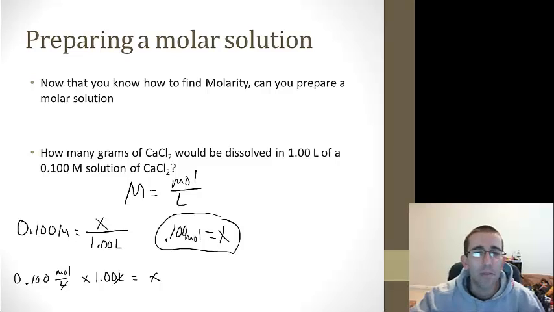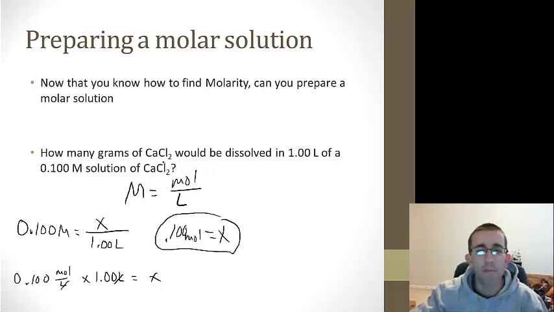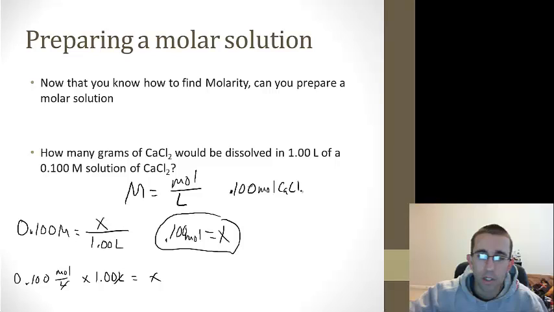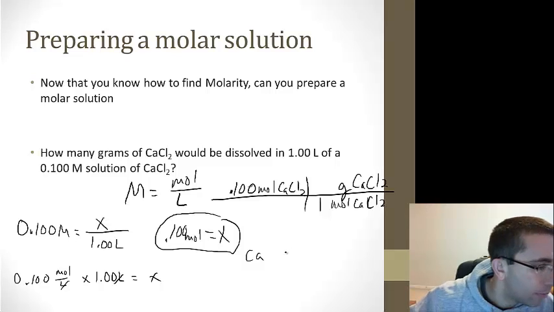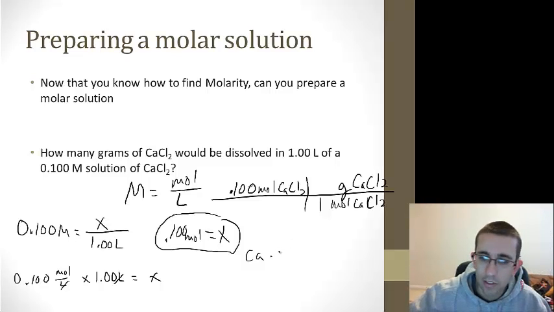Well, look what the question asks. How many grams of calcium chloride would be dissolved in this much solution? So, I now need to convert because my unit doesn't match up to my question. I've got moles of calcium chloride. I want to cancel out moles of calcium chloride, and I want to go to grams of calcium chloride. Gram and mole together, moles 1, grams from the periodic table. For calcium, your mass is 40.1, and there's only one calcium.